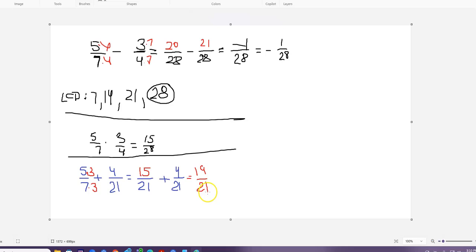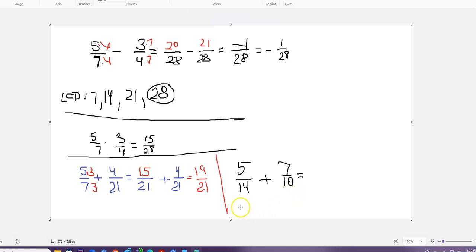There could be an even better example. Say you need to add 5/14 and 7/10. What will be the least common denominator?